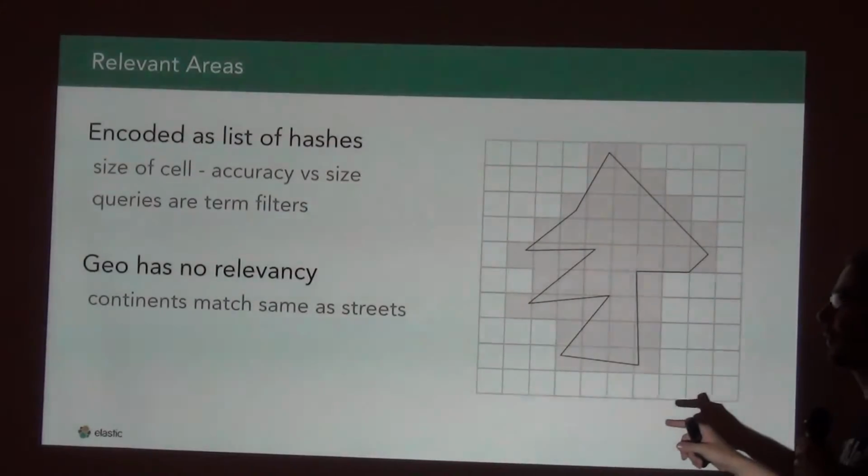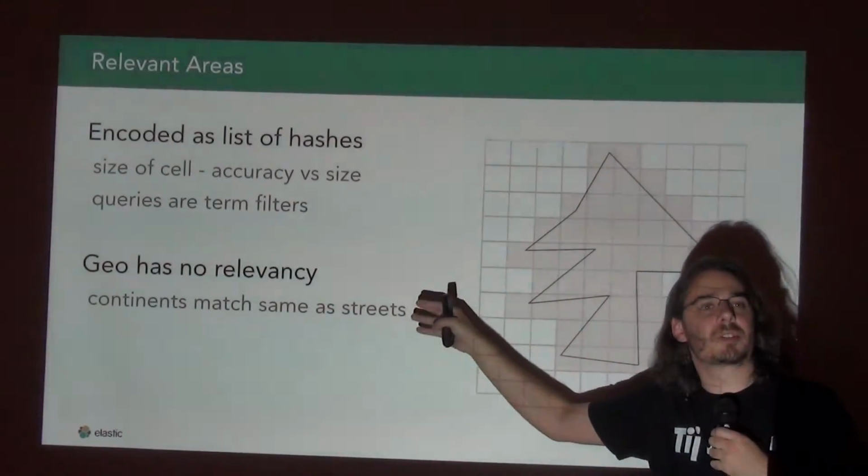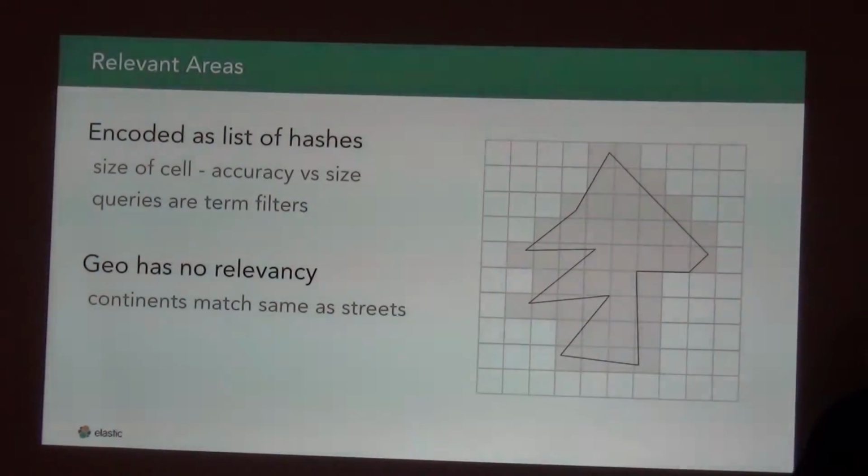The problem is that the geo queries that we have have no relevance because they just look for matches, and there's no good way to determine what is a better match than anything else. So if you have a shape for a continent, a country, a city, a street, and you ask for a shape of a house, you will get back all of these shapes, with no concept of which one is more specific, which one is more relevant than the others.